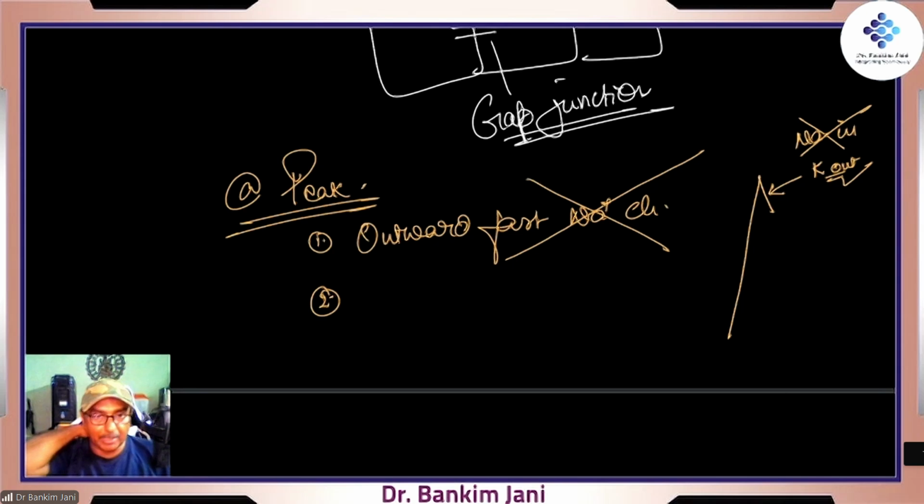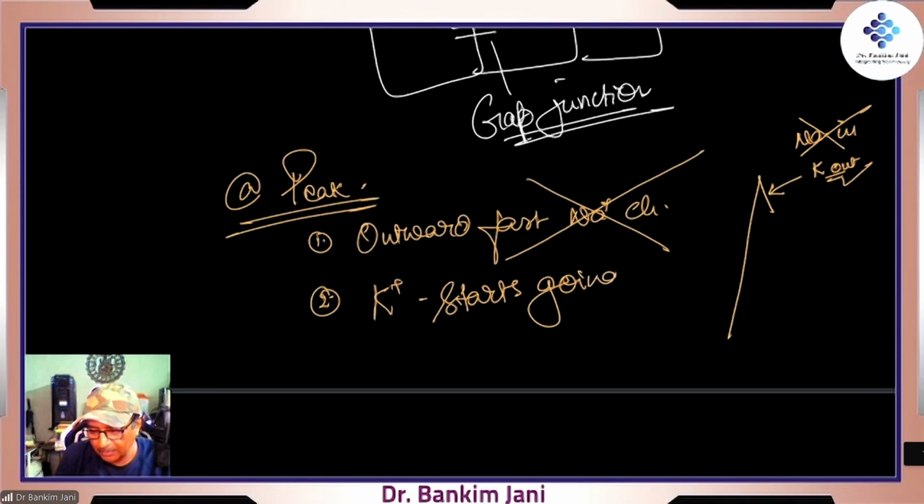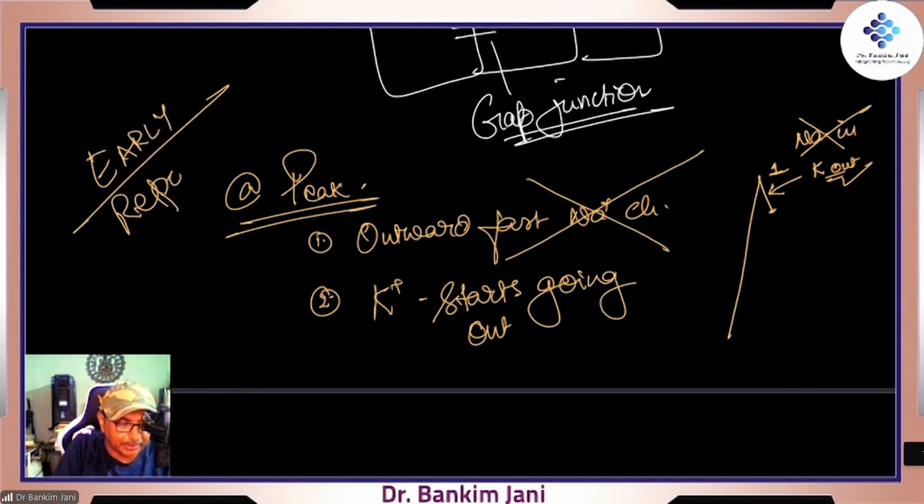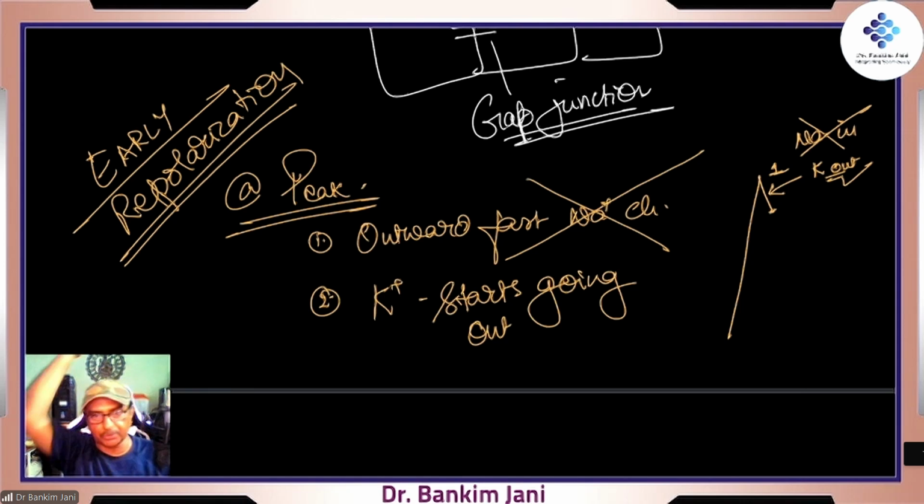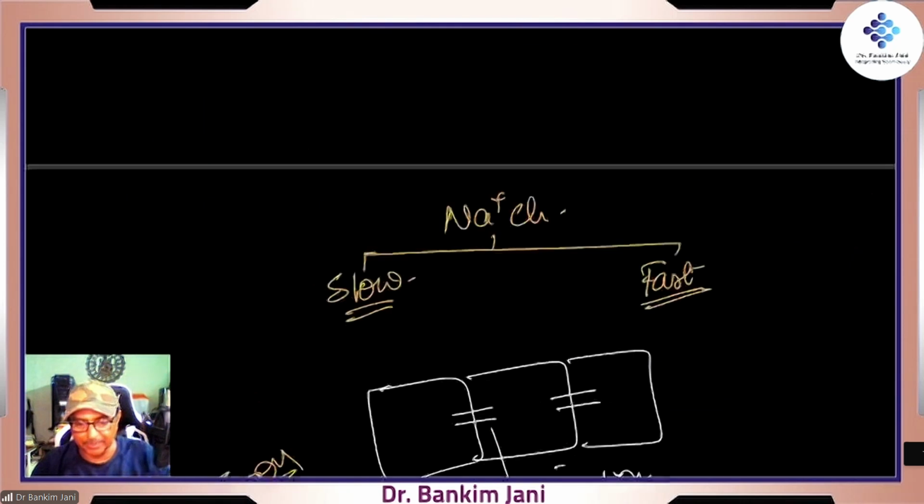Potassium starts going out, so that's why there is a fall. This phase, which is phase 1, is also called early repolarization. Because repolarization should come all the way down, so this is that.